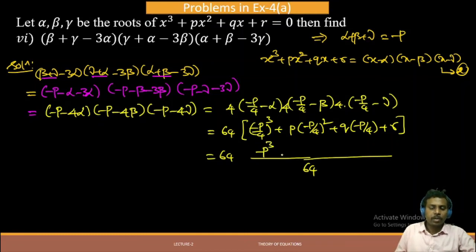It is minus p whole cube, and p into p by 4 whole square, so this becomes 4 into p cube, okay, plus q into minus p by 4, so this is minus 16 pq, okay, and this is 64 into r.